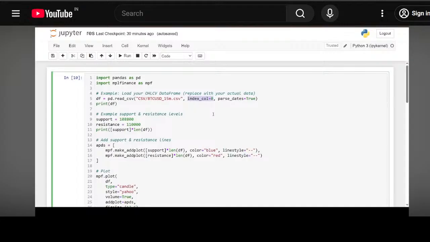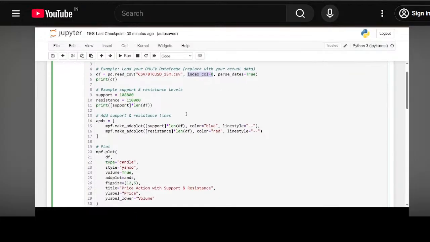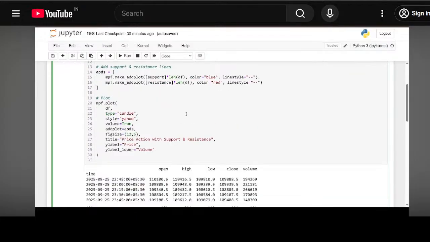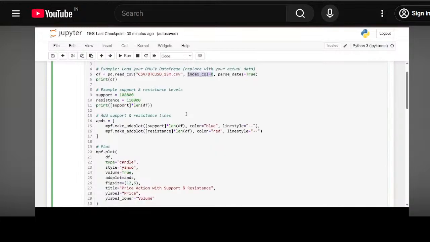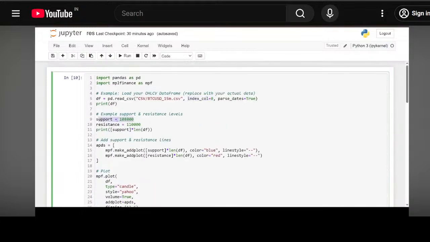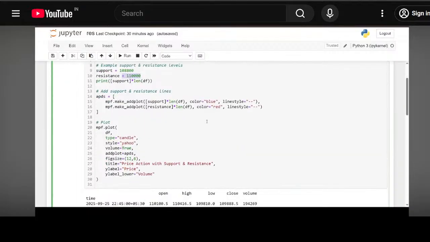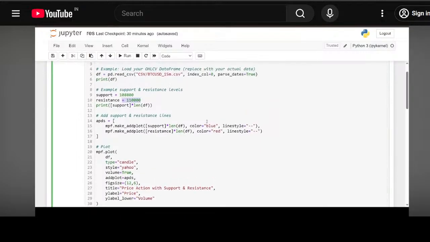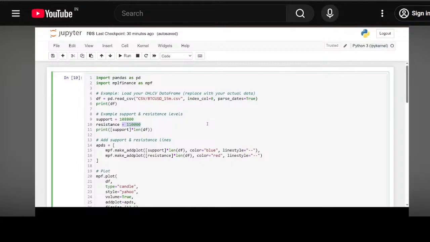So we have to identify 0 and we have to parse the date. If we are able to do that, we can set support and resistance and get what we are looking for. Exactly, this is the support and resistance, and plan according to your analysis and go for trading purposes. That is how you can go.